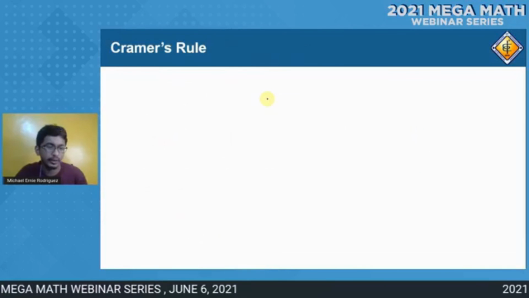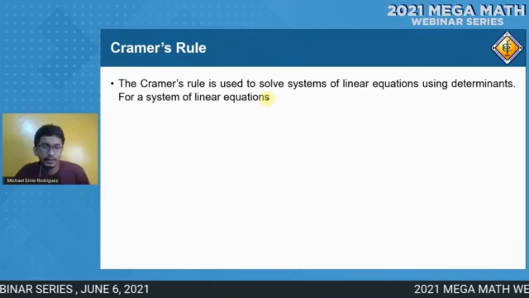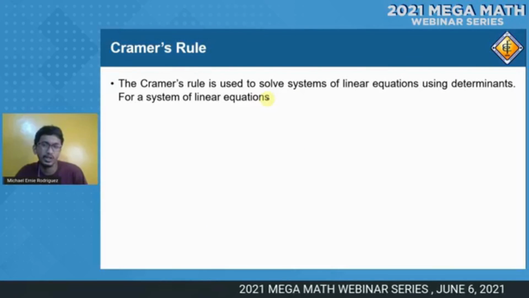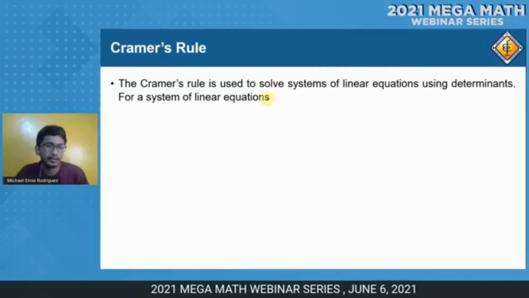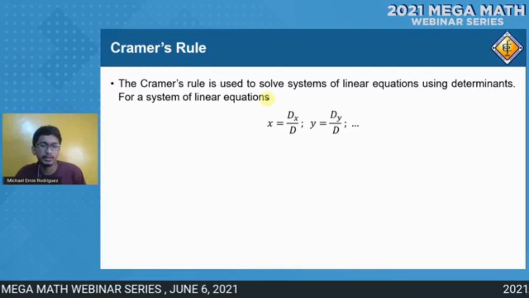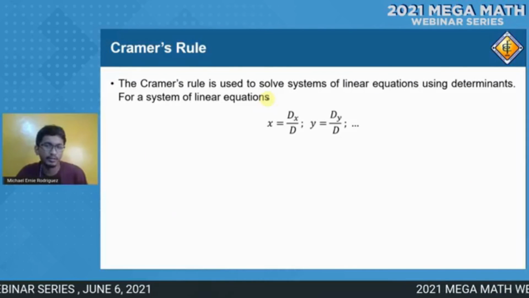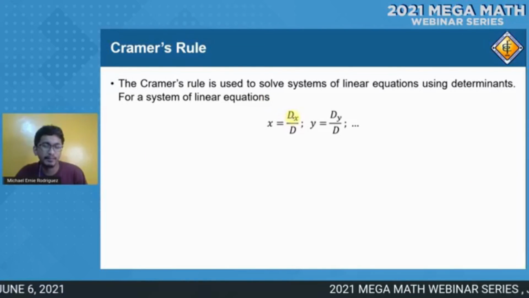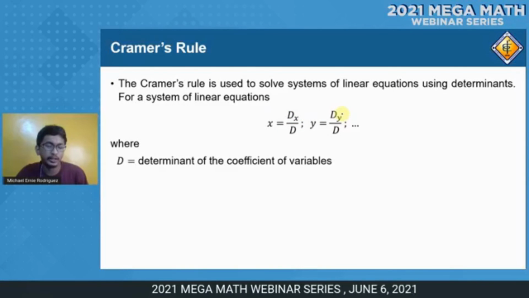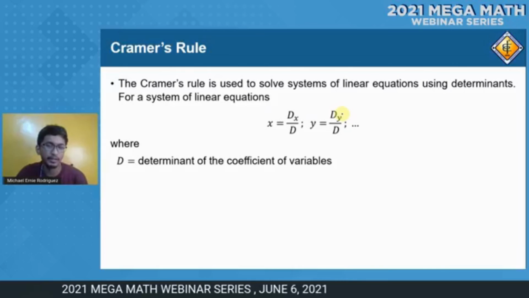Then, Cramer's rule. Meron ding Caltech dito. So, Cramer's rule is used to solve systems of linear equations using determinants. So, for a system of linear equations, x is equal to dx over d, y is equal to dy over d. That is d sub x and then d sub y. So, your d is the determinant of the coefficient of variables.